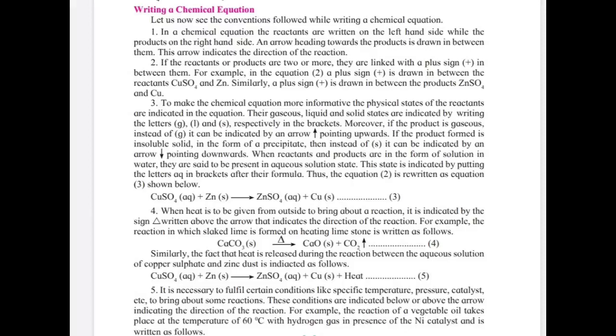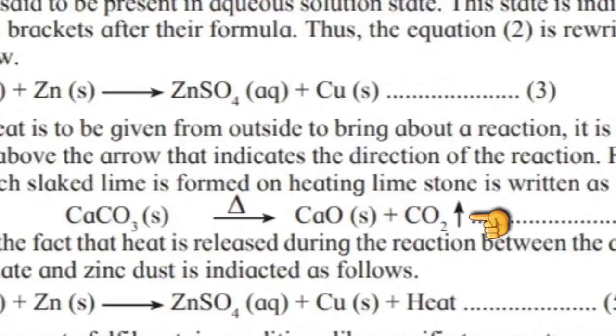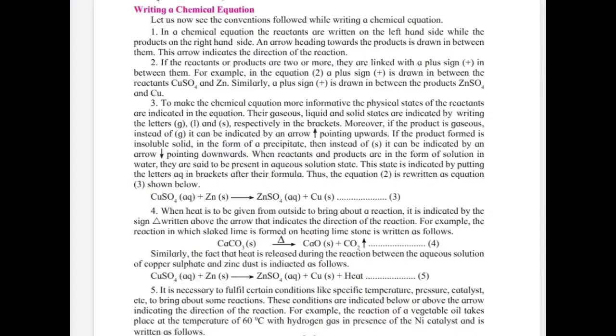If the product is gaseous, instead of writing g, it can be presented as an arrow pointing upwards. On the other hand, if the product is an insoluble solid in the form of a precipitate, instead of writing small s, it can be indicated by an arrow pointing downwards.